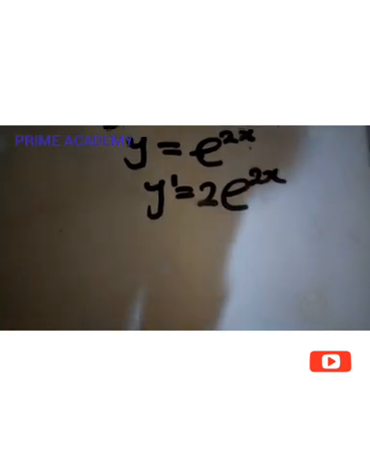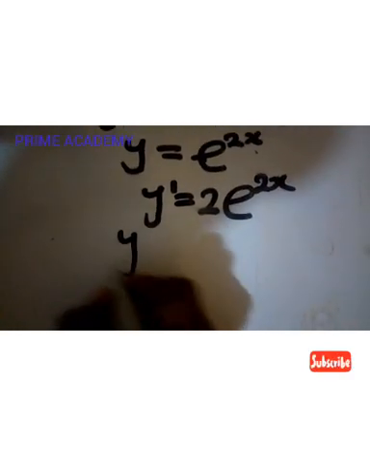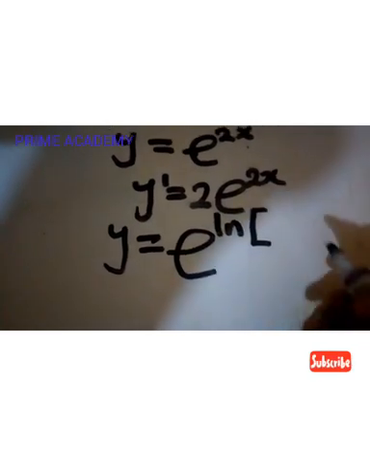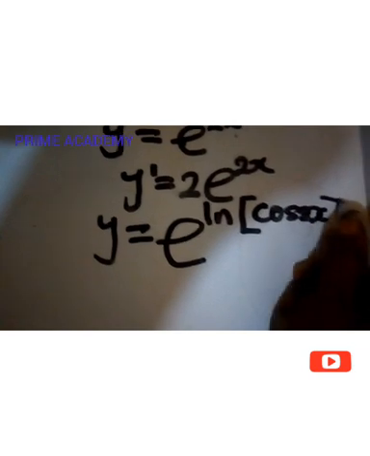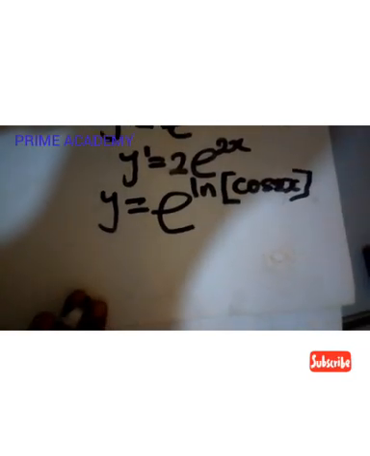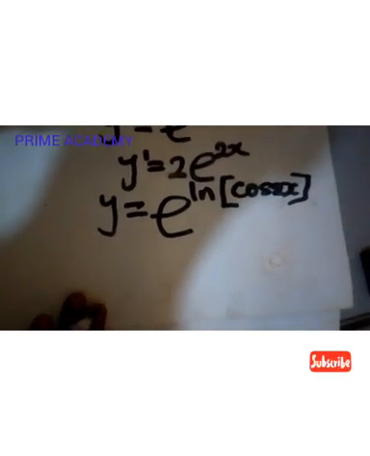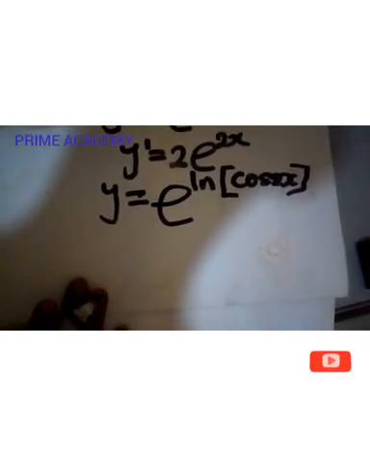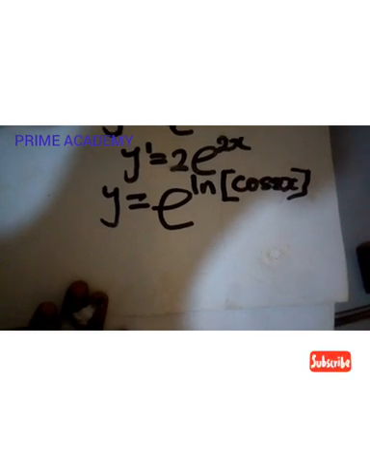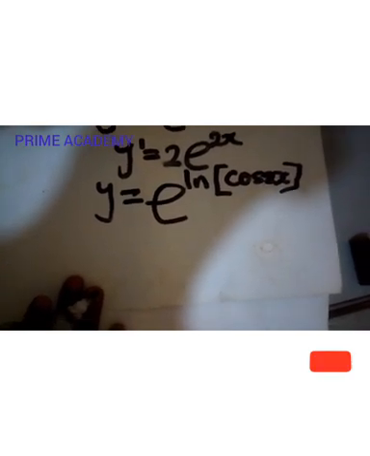Now we'll be looking at another function. Let's say we have a function y equals exponential of ln cos 2x. Looking at this function, it is not a difficult function to differentiate. All you need is the concept of logarithm.